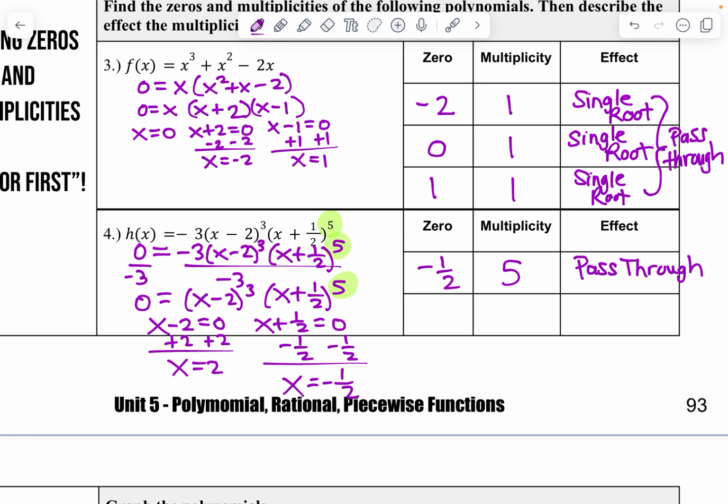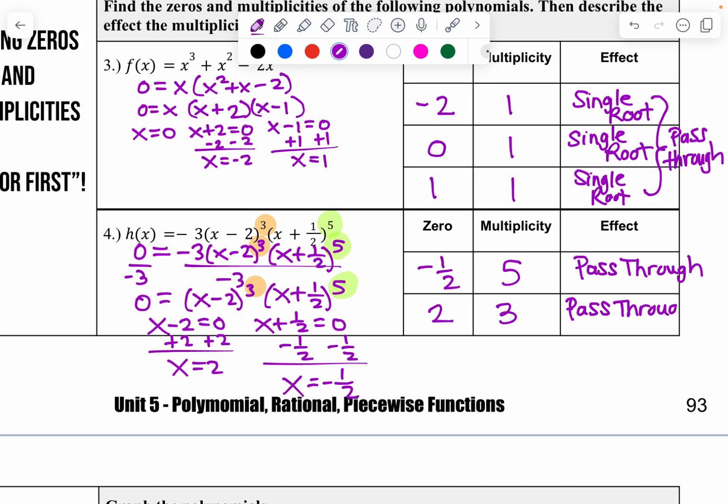The signs would change from positive to negative or negative to positive for the outputs. The other 0 is 2. This one was a triple root. Multiplicity of 3. So also it will pass through, any odd multiplicity means we pass through, it changes signs. And again, we refer to this multiplicity of 3 as a triple root.